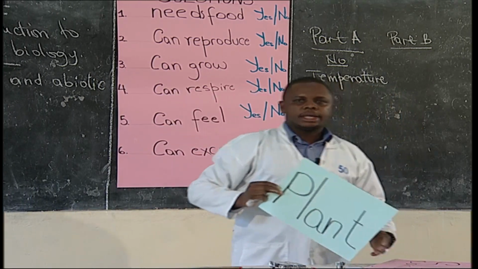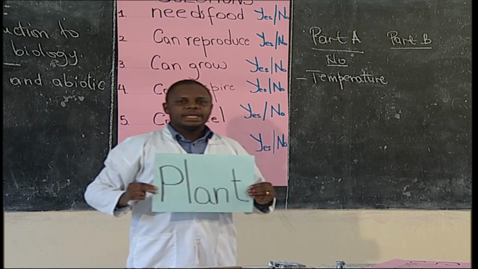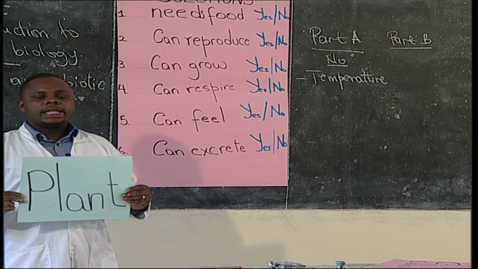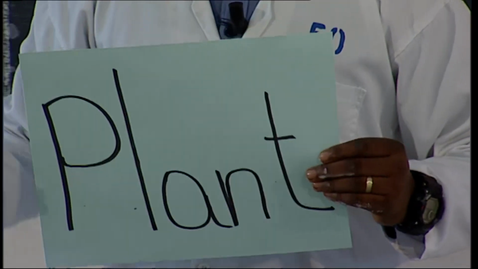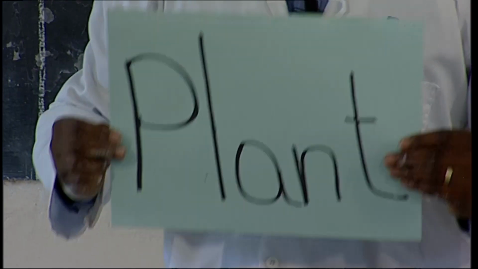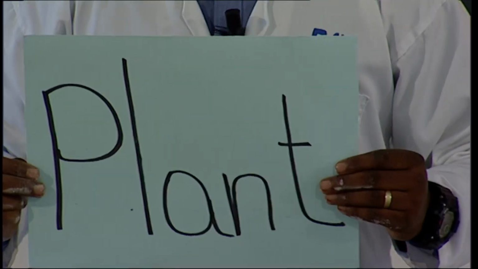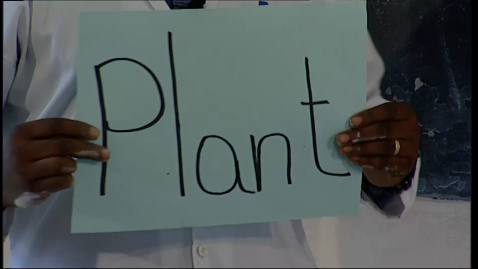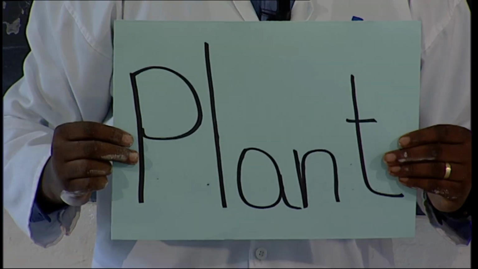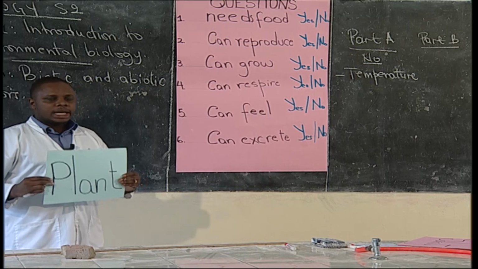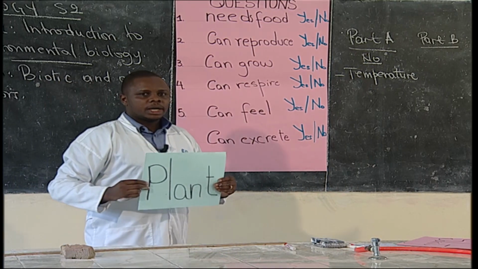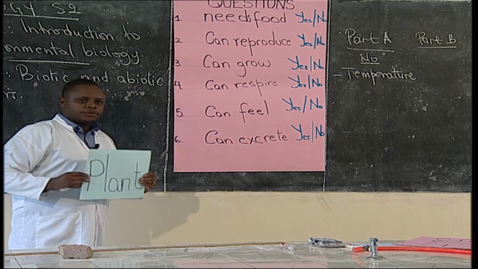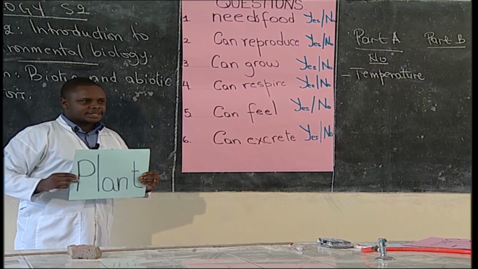I get another word which means plant. Students, remember, in the environment, we have different plants. I'm going to choose one of them. You can also choose one, and you see if it gives a yes or no. Let me choose hibiscus plant. Does it need food? Yes.